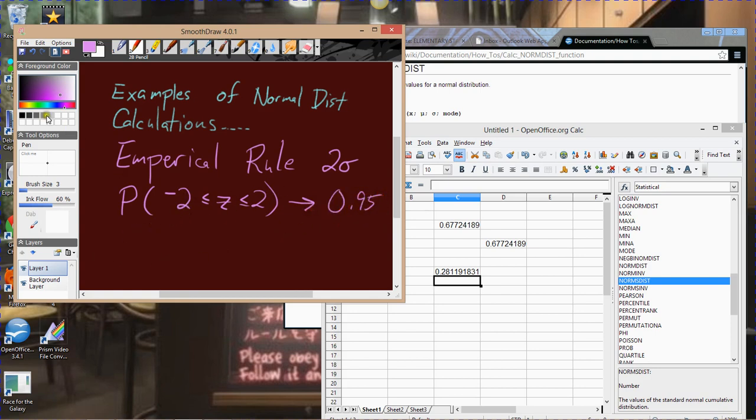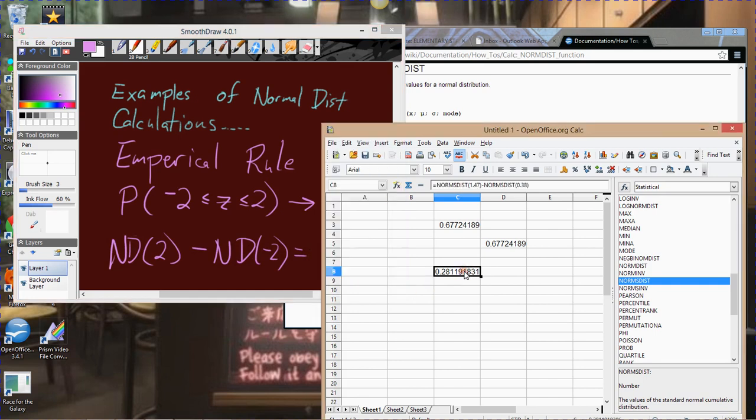It's just like the last one. We want to find the area that's to the left of 2. I don't want p, I want normal distribution. I want the area to the left of 2 minus the area to the left of -2. So if I go back to my guy, I'm just going to change the numbers here.